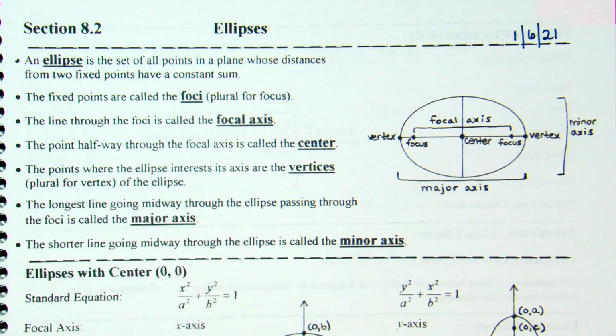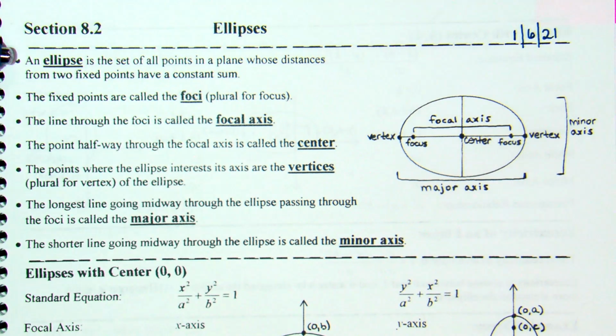So, as you look, essentially, an ellipse looks like an oval, right? And that is the gist of it. By definition, an ellipse is the set of all points in a plane whose distances from two fixed points have a constant sum.